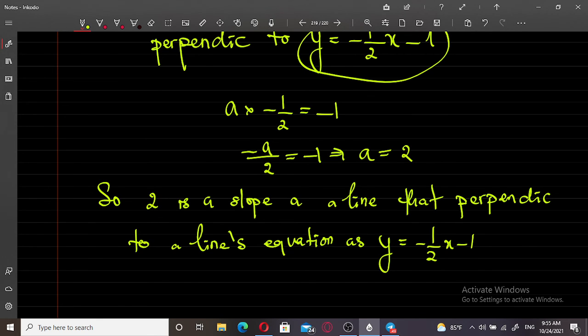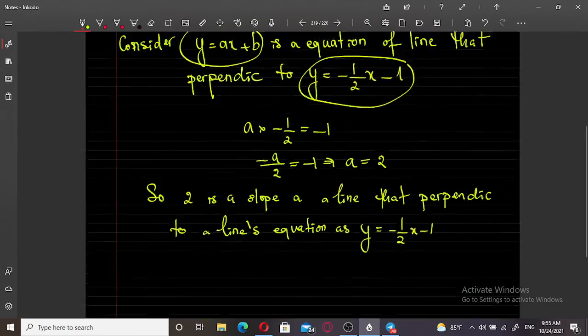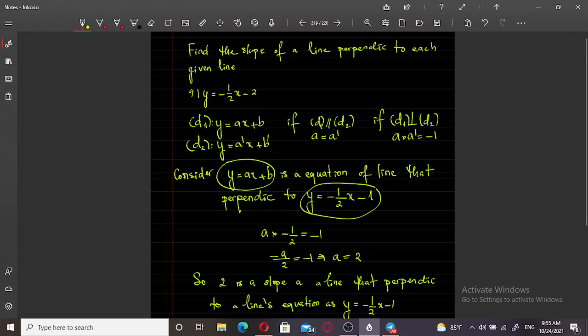First you have to consider a line, because the purpose of the exercise is to find the slope of the line perpendicular to that line. So we consider a line perpendicular to y equal to negative 1 over 2x minus 2, and the slope of the line we considered times the slope of the given line equals negative 1.